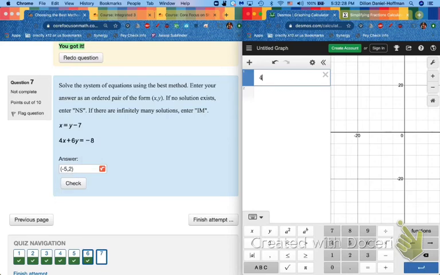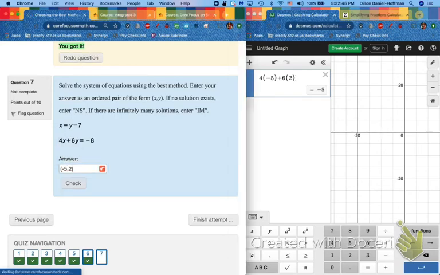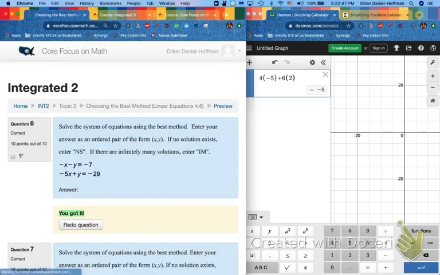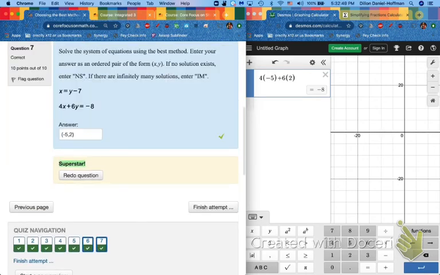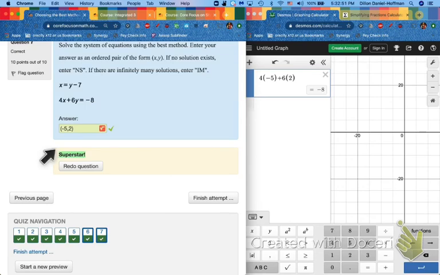So the question is 4 times our x of negative 5 plus 6 times y of 2. Do we get negative 8? Yes, we do. So we know, since our equations check out, even without using our graphing calculator, just the regular little numbers there, that we're right. And we do feel like a superstar.